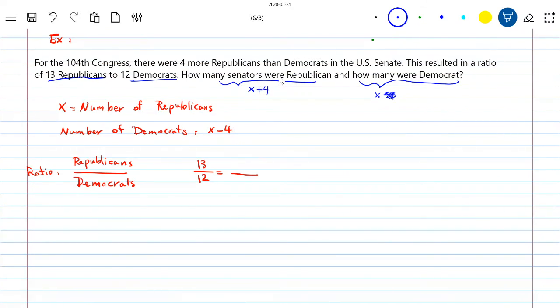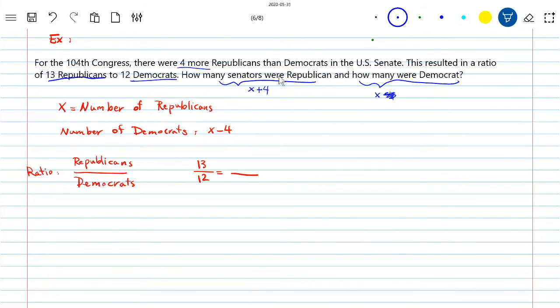It's all depending on how you pick your variable, what your variable represents. So here in this case, I pick X to be the number of Republicans, therefore the number of Democrats is 4 less, so X minus 4.